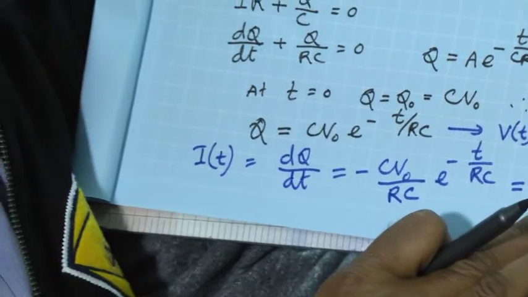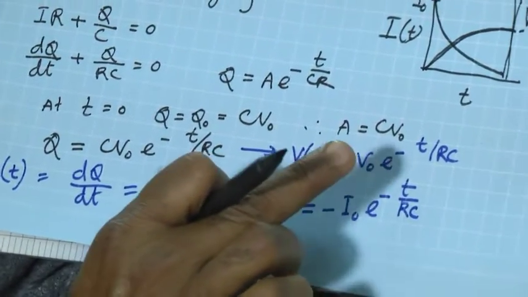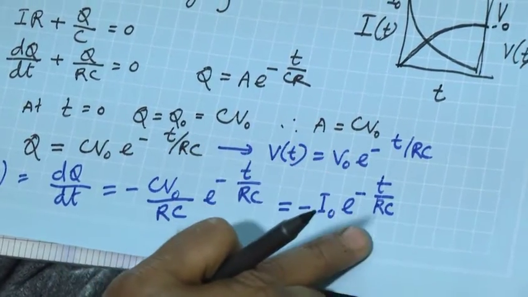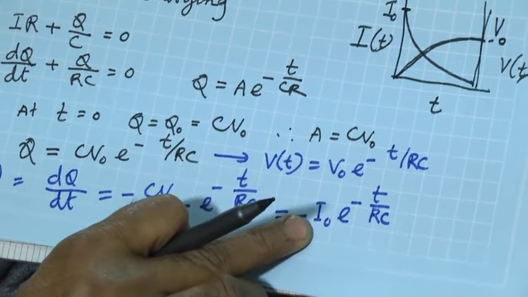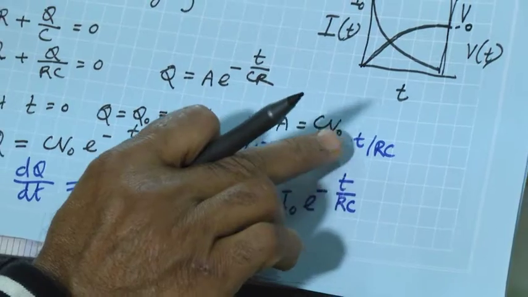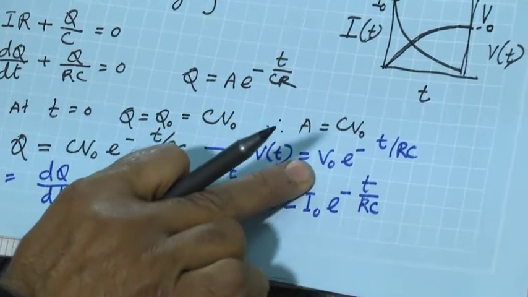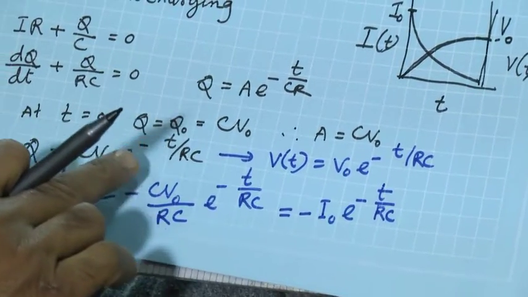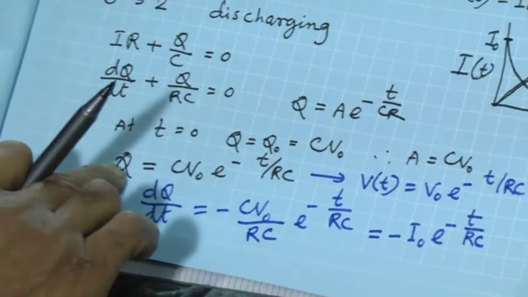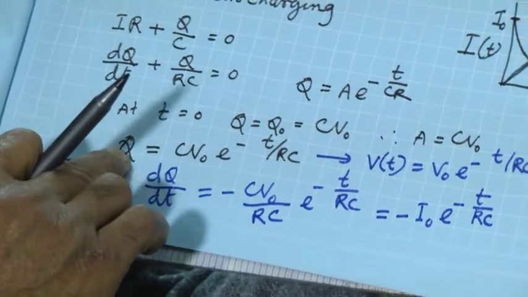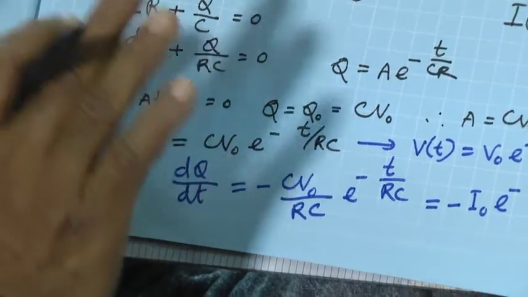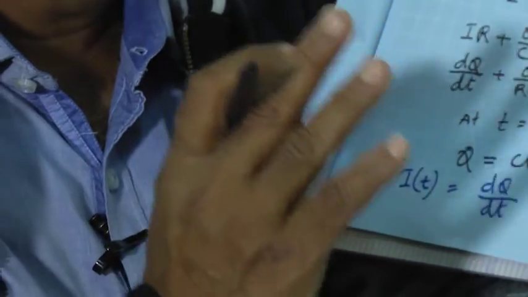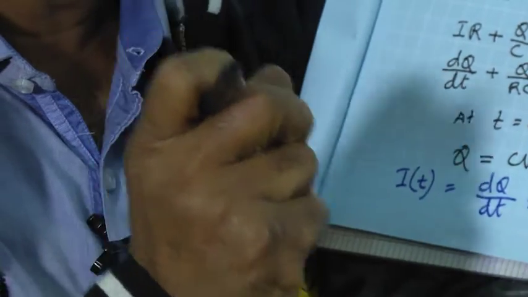So here also when t equal to RC, again it is 1 by e times of I0, or 1 by e times of V0, or 1 by e times of Q0. So what does it mean? This t equal to RC we call the time constant of this circuit.